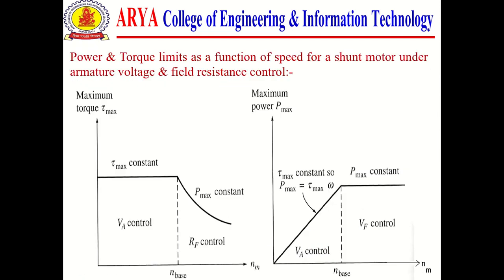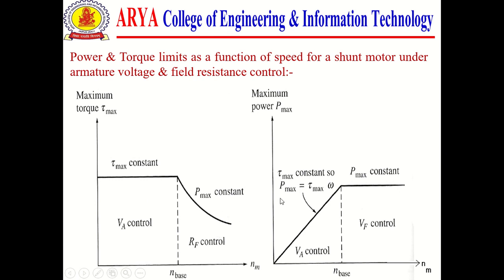It is clear here from this graph. Power and torque limits as a function of speed for a shunt motor under armature voltage control and field resistance control. Here we control the speed below rated speed, below base speed, by applying armature voltage control, and if we want to control the speed above base rated speed, then we apply field control.